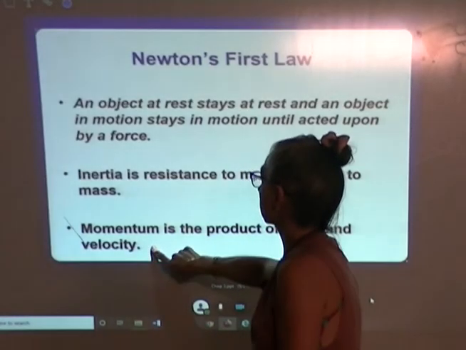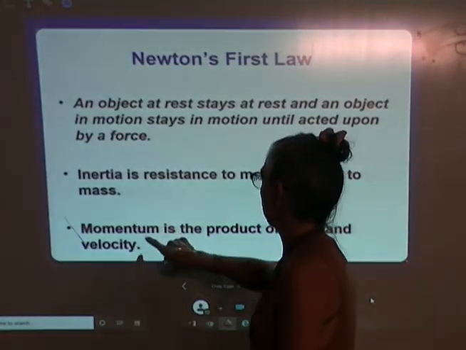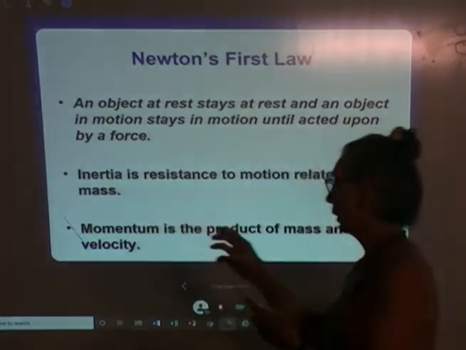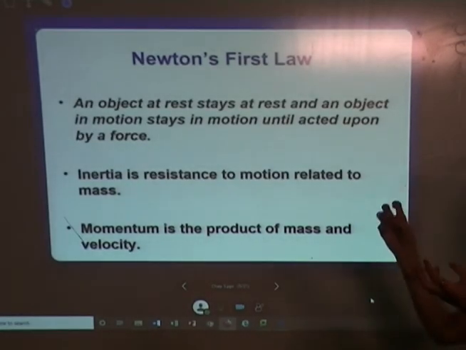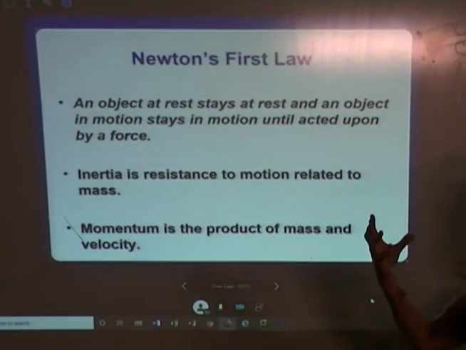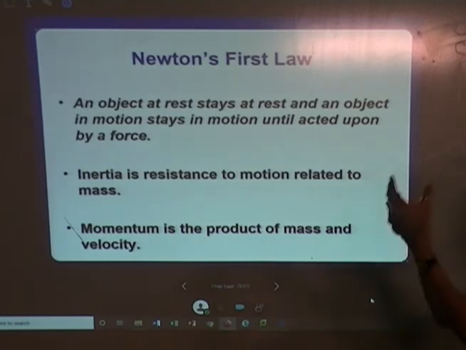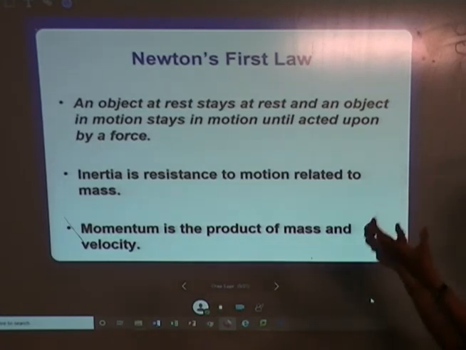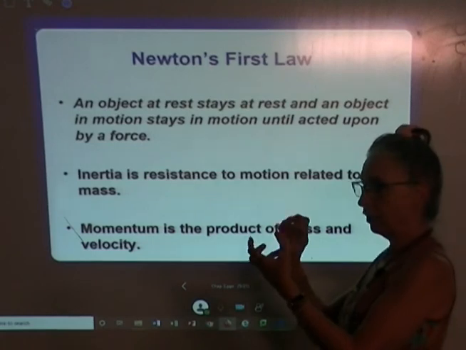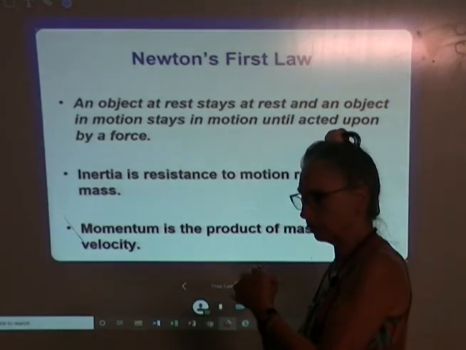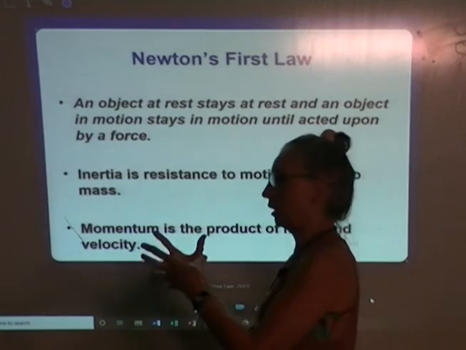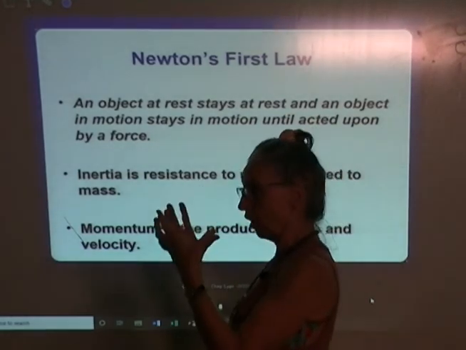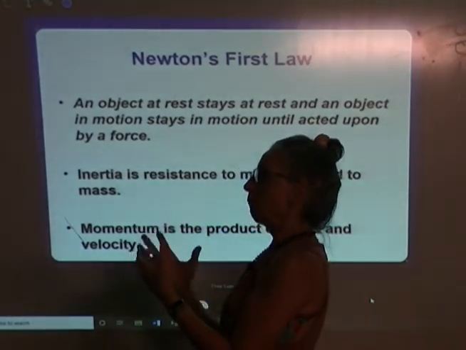And then the last term that we need to know is that momentum is mass times velocity. Often in everyday language, we intersperse velocity and speed. They're not technically the same thing because velocity has direction and speed doesn't. Speed is just how fast.